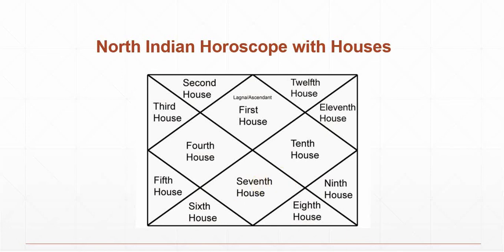Okay. Now, eighth house is the house of secret things. It's also the house of your longevity. Death is seen from the eighth house. Then, deep research abilities, like scientists, they have a very strong eighth house.